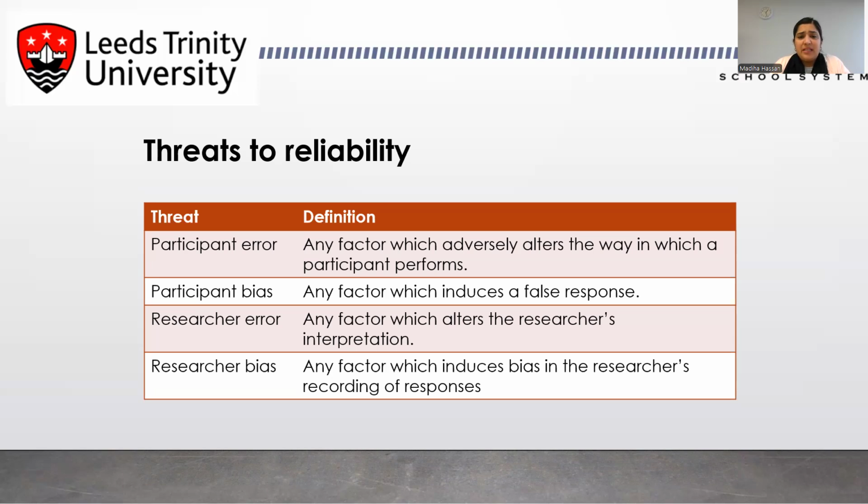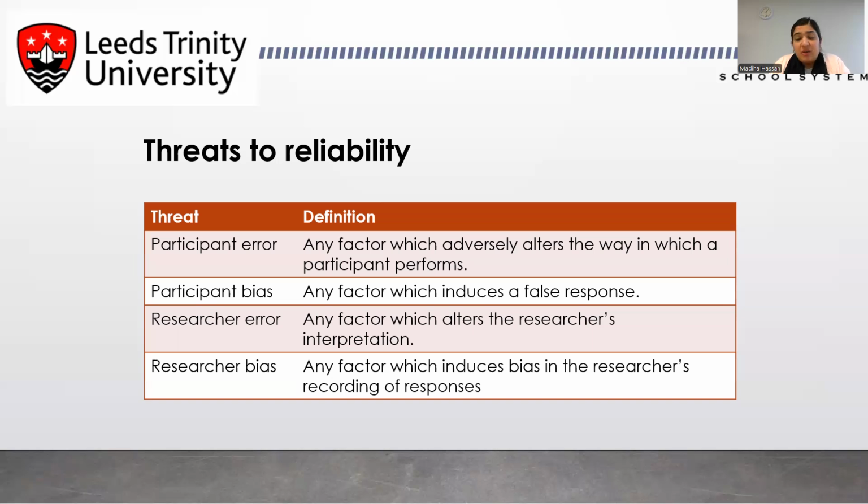Then participant bias: for example, if they ask me to write about the political government and I am biased toward someone, I will not be able to give a rational answer. Then researcher error, any factor which alters the researcher's interpretations.